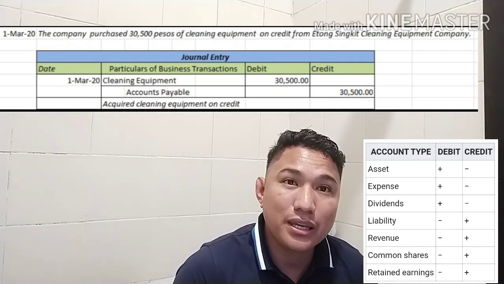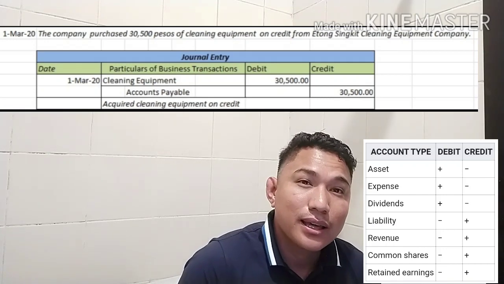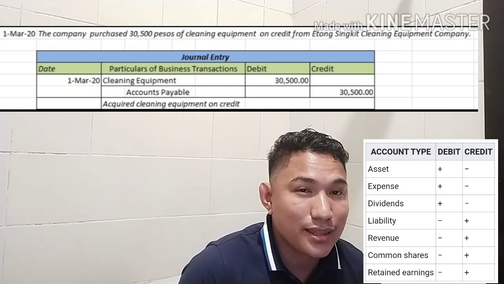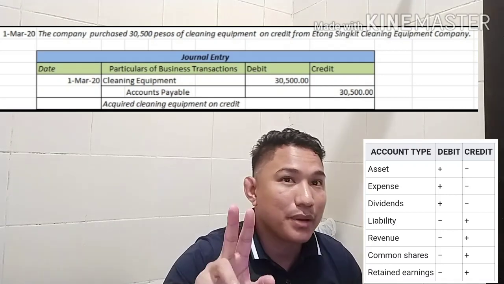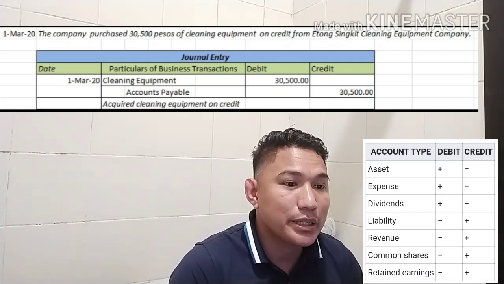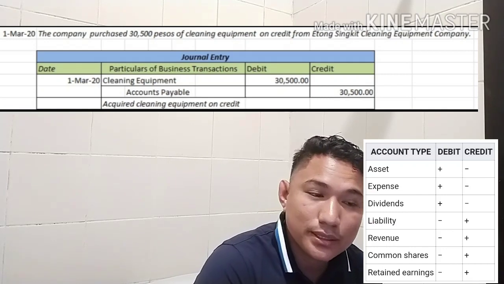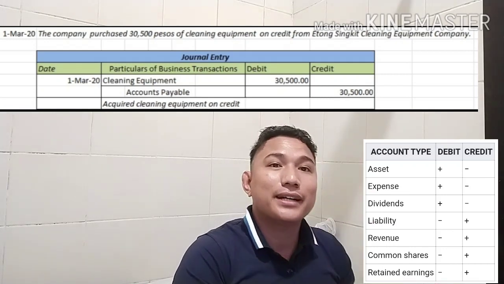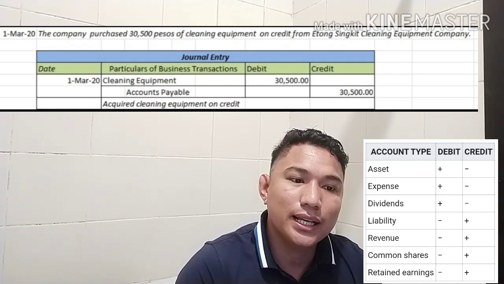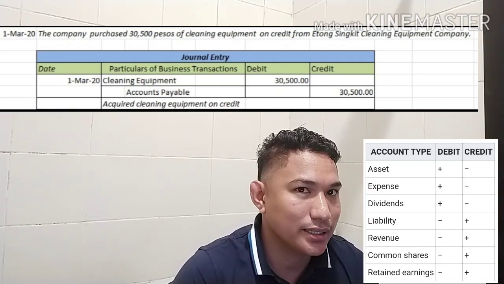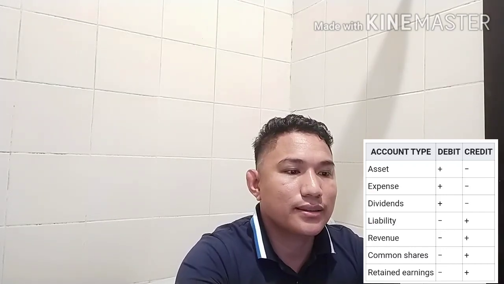So accounts payable is a liability account that has a normal balance of credit. You increase your accounts payable, and since the normal balance is credit, you have to put the amount in the credit side. My brief explanation is acquired cleaning equipment on credit. Let's proceed with the third entry.